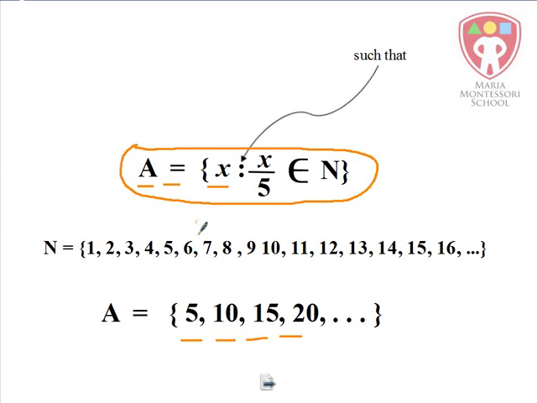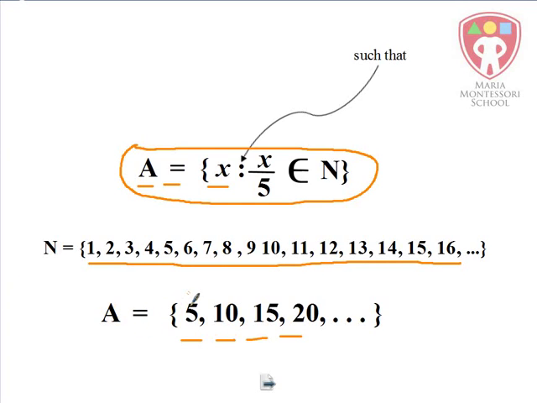In this case, x is a variable. It means that x is some numbers which will change, which will vary, and that's why we call it a variable. But it also tells us that whatever numbers x stands for, when you divide them by 5, the answer must give you one of the numbers in the set of natural numbers, which we know are the numbers we use to count things in nature.